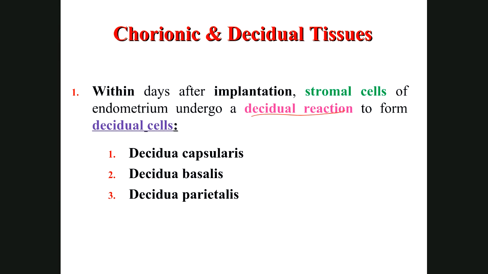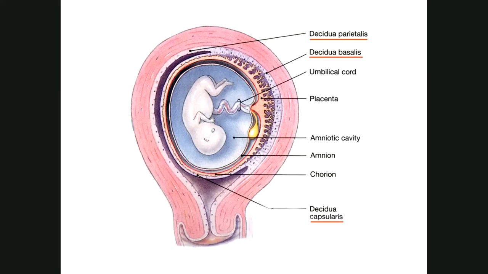Now, three parts are formed: decidua capsularis, decidua basalis, and decidua parietalis. Let us see. As you can see here in this diagram, the decidua basalis forms the maternal part of the placenta.